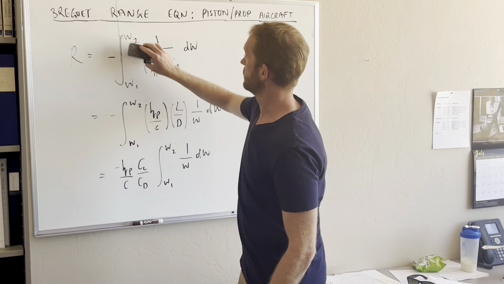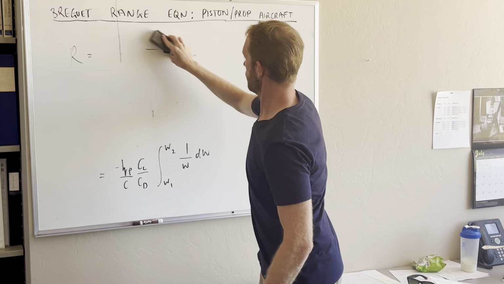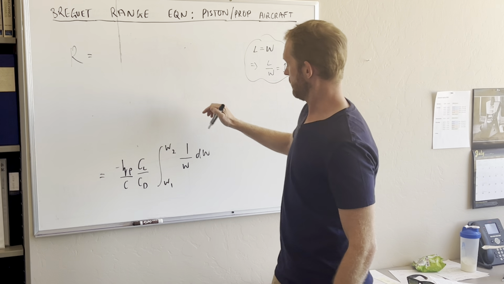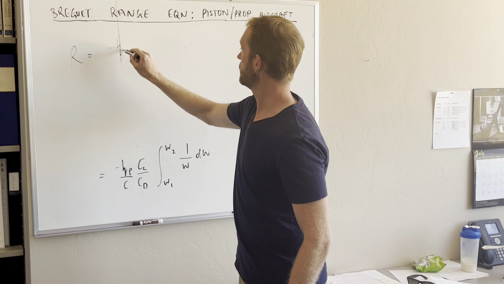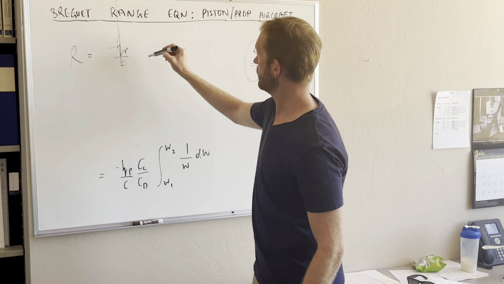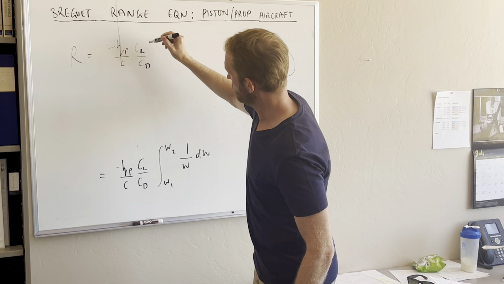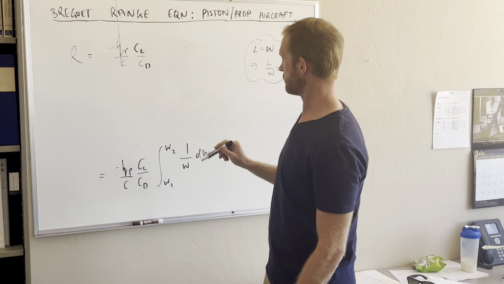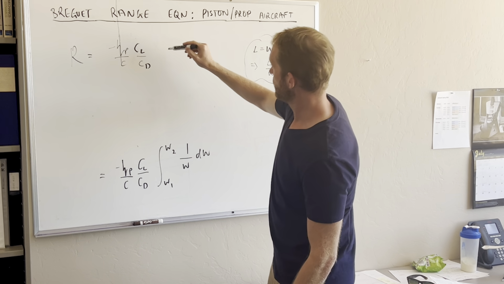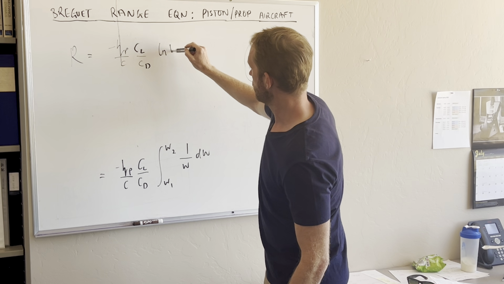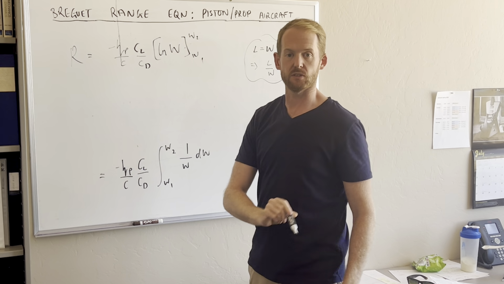Let's go back up to here. I can integrate this directly now, so eta prop over C, CL over CD, and the integral of 1 over W with respect to W is the natural log of W evaluated between our two weight stations.